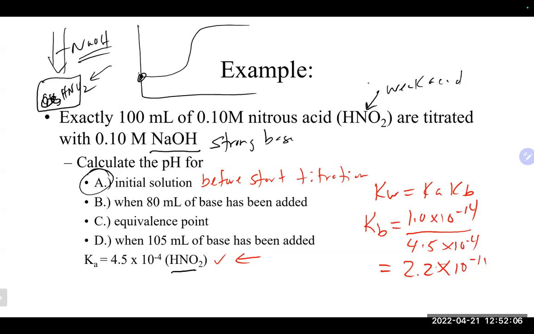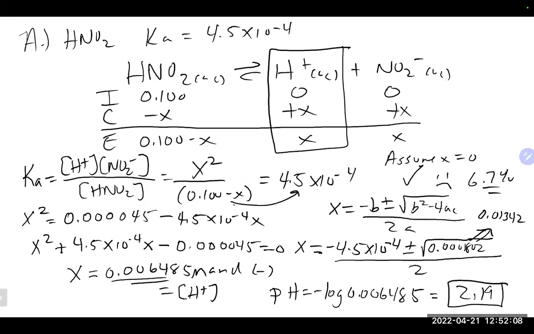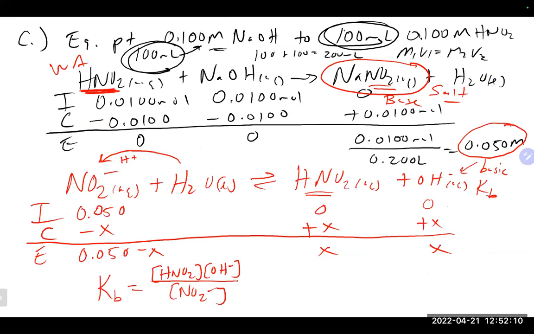So we definitely want to make sure that we use that. So rolling back this way here, we will go with our 2.2 times 10 to the minus 11 is equal to x squared divided by 0.05 minus x. I'm going to assume that x is equal to 0 here. So I'm going to take my KB times it by 0.05.